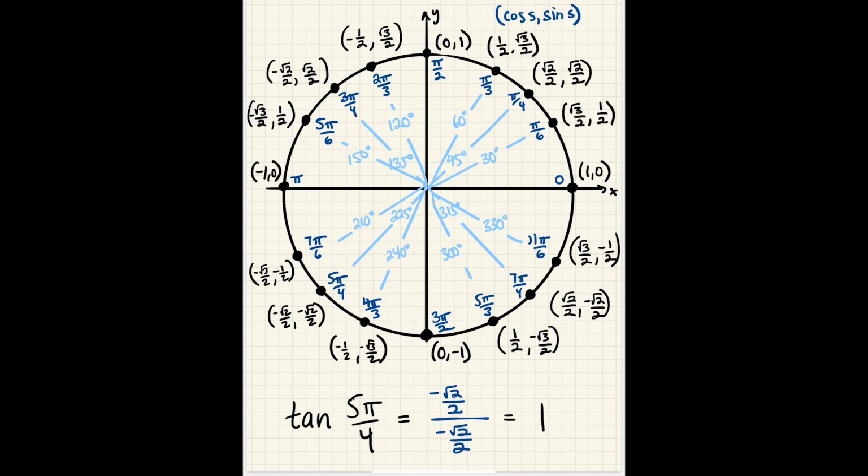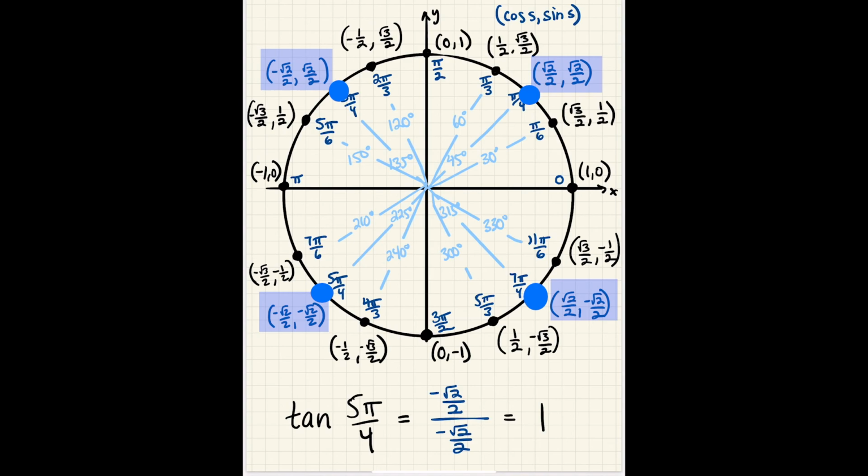All right. So let's make a quick observation here. Notice that all the pi over 4s occur right in the middle of their quadrants. They're the diagonals. Those are the 45 degrees equivalent. And notice that for all the pi over 4s, the coordinate pairs consist only of root 2 over 2.